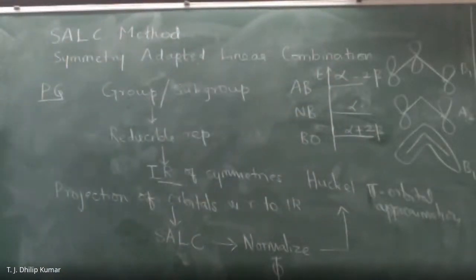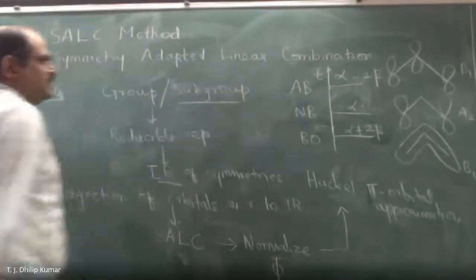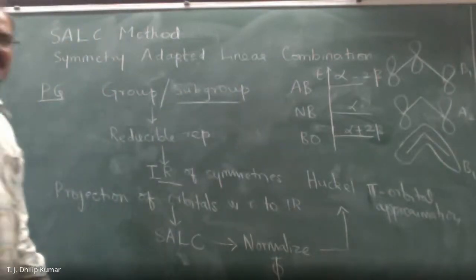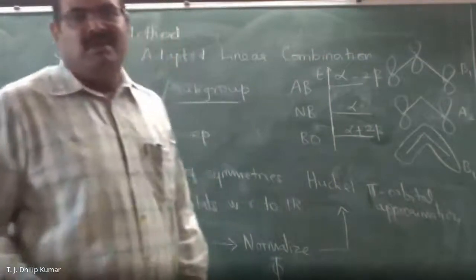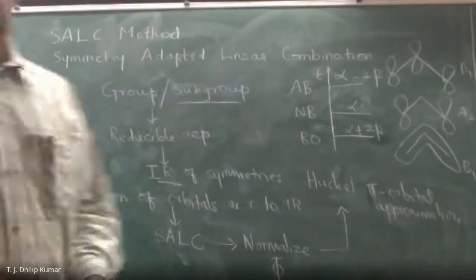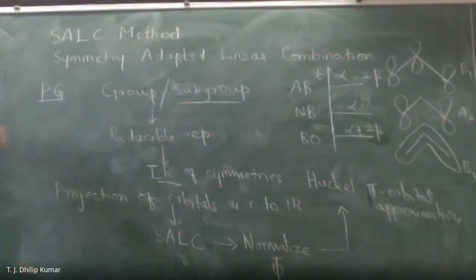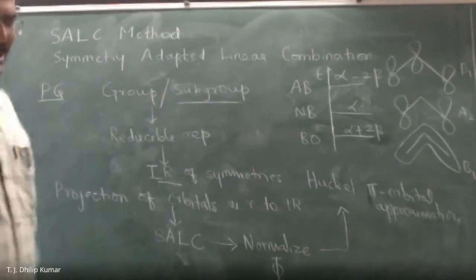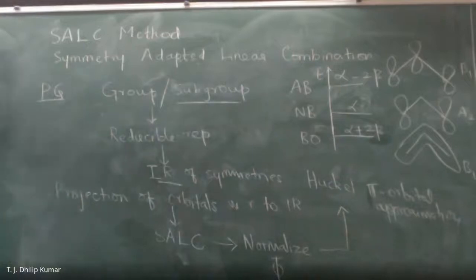So maybe I didn't tell you about subgroup. So what is a subgroup? Any idea? A few classes before we studied what is called a group, the set of elements which satisfies four rules, right? Four rules like associativity, the identity should exist, the inverse should exist. So there are four properties to define a group.